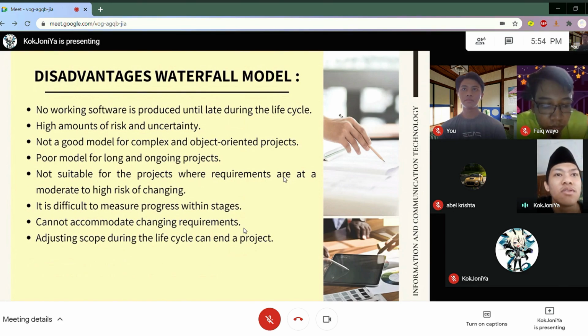Fifth, not suitable for projects where requirements are at a moderate to high risk of changing. Sixth, it is difficult to measure progress within stages. Seventh, it cannot accommodate changing requirements. The last one is that adjusting scope during the life cycle can end a project.